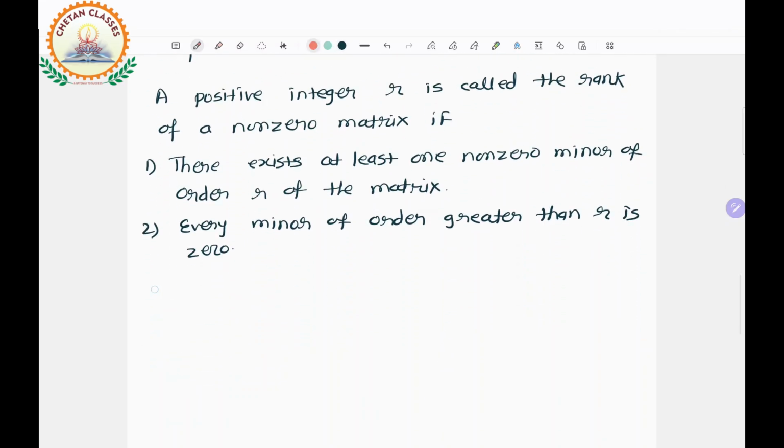Remarks. First, the rank of a zero matrix is 0.